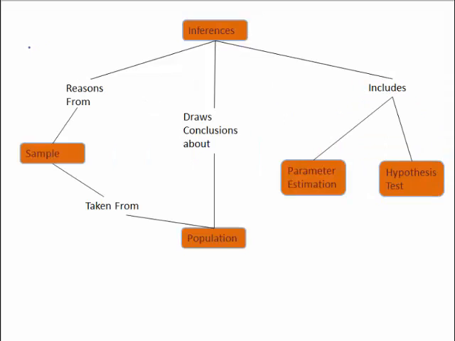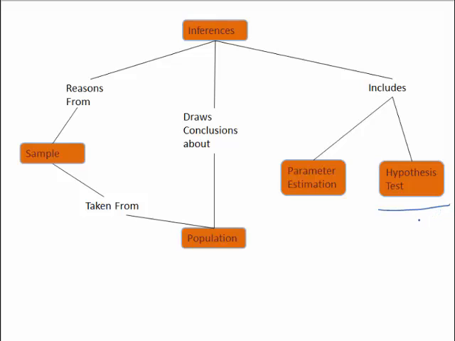In this concept map, you can see how concepts are related to statistical inference. In our case, basically how a hypothesis test is some form of statistical inference. So let's go through this concept map a little bit deeper.